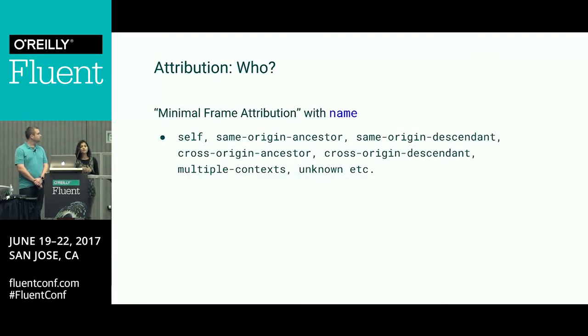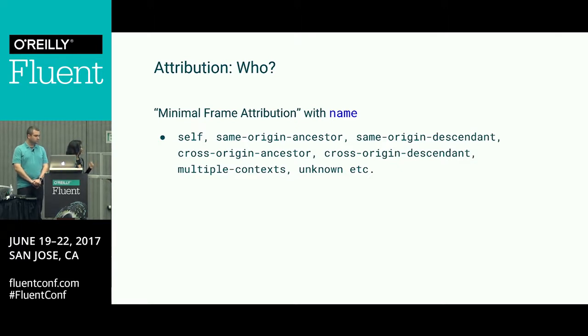In terms of attribution and understanding what to do with long tasks, there are two important pieces that we expose. The first is in the name attribute, with what is called minimal frame attribution. This is basically just pointing in the general direction of what is causing the long task.